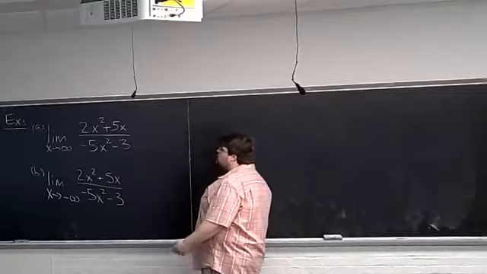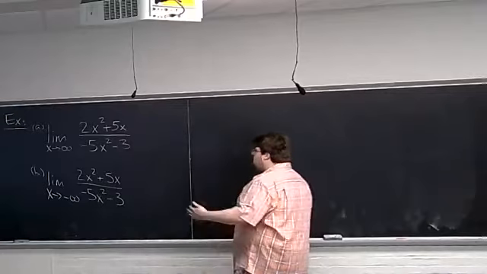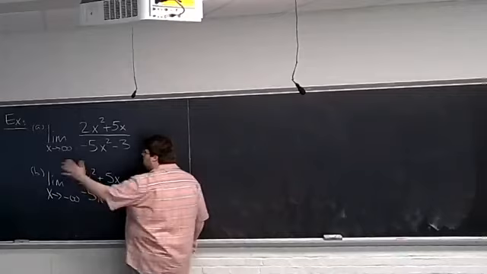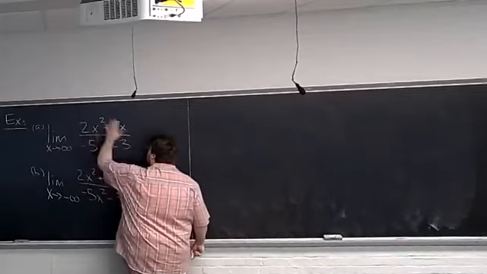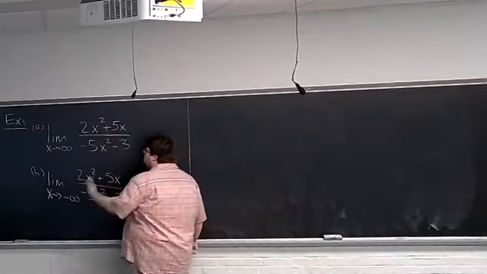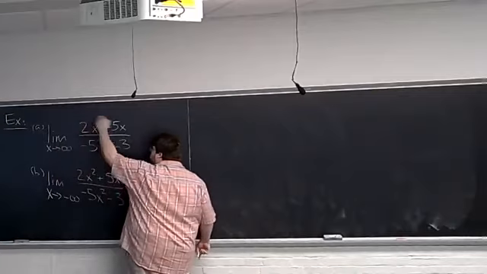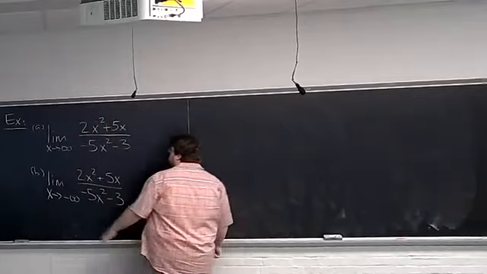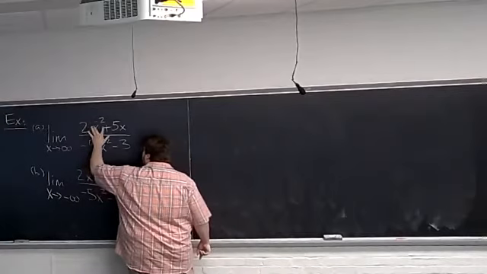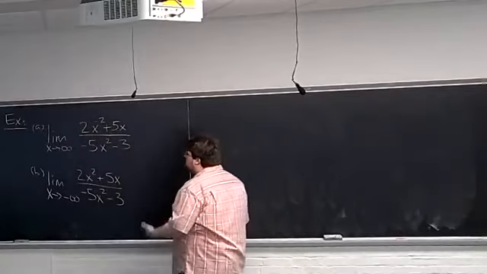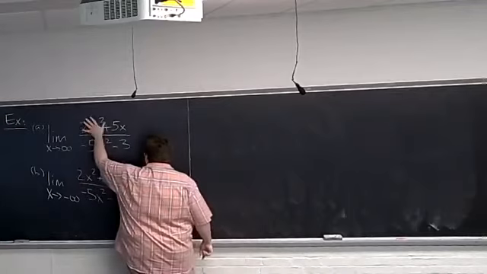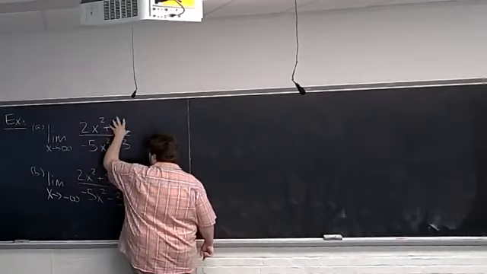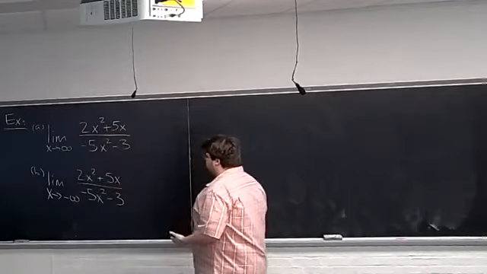As x goes to infinity, a polynomial is dominated by its largest degree term. So the top here is dominated by the 2x squared term as x gets large. 2x squared gets large much faster than 5x because of that exponent.